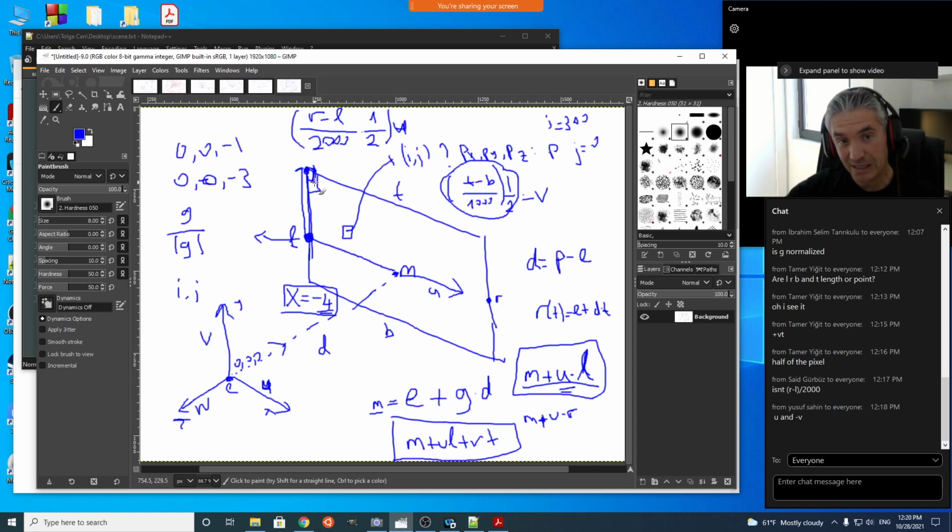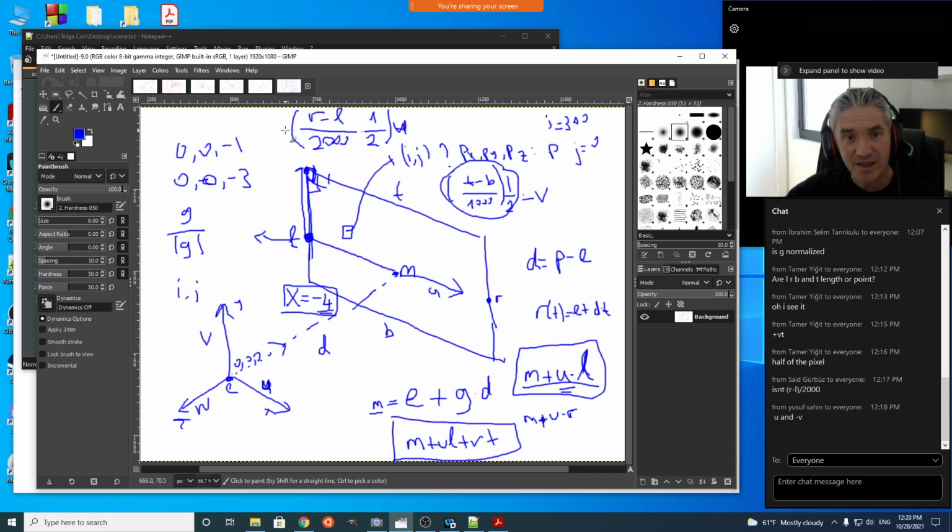For pixel index 1, what is the distance you have to go? 1.5 pixel widths. So this was our half pixel width; for i equal to 1 it will be 1.5, for i equal to 2 it will be 2.5.